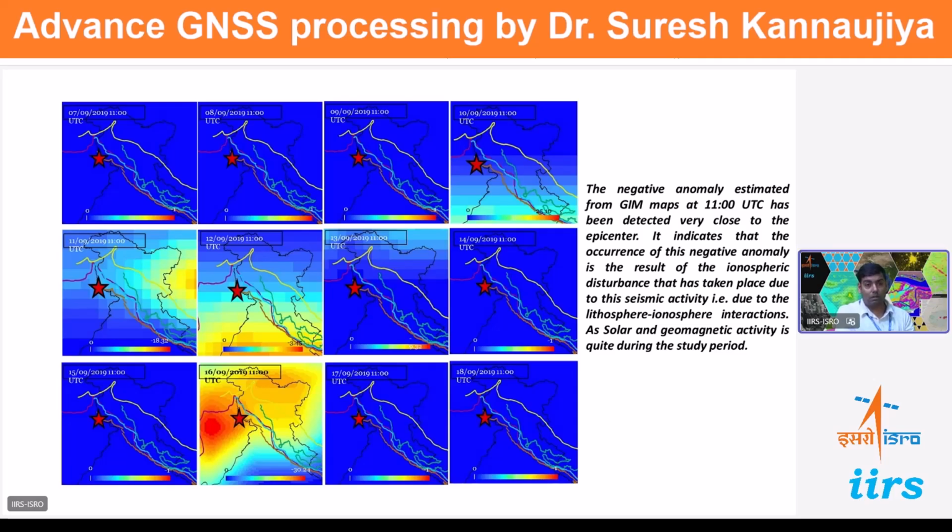This is the spatial calculation of the TEC through global data. It is also called GIM data, Global Ionospheric Map data. Here also you can see that this data has detected the anomaly before the occurrence of this earthquake, because the anomaly was detected on 16th September, and the earthquake occurred on 24th September.